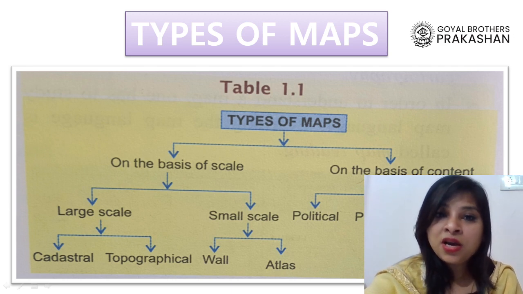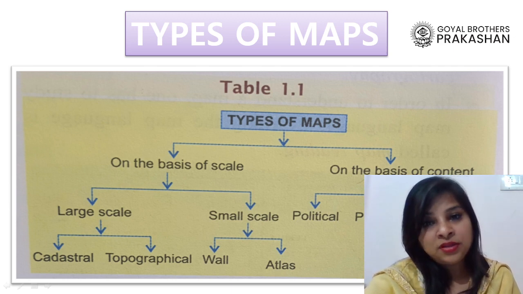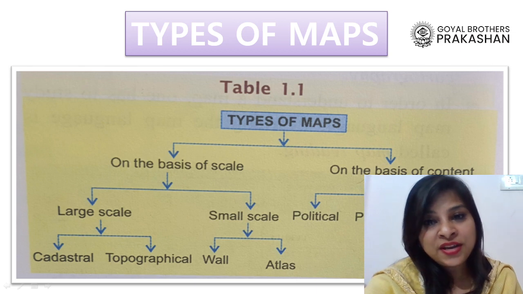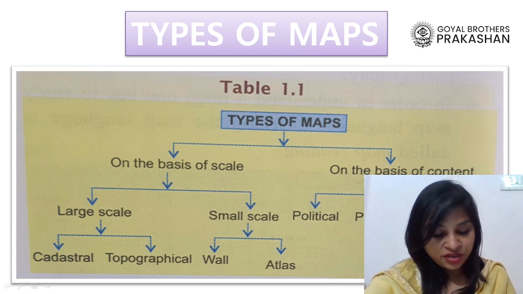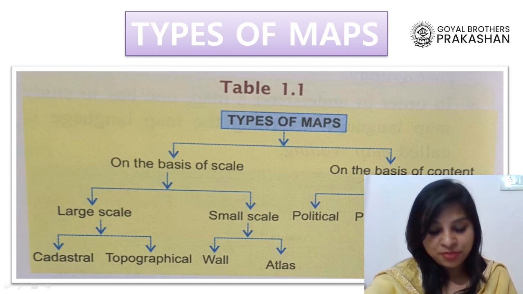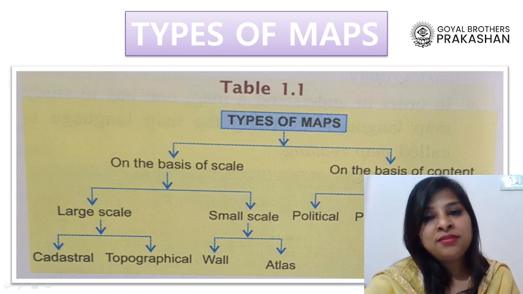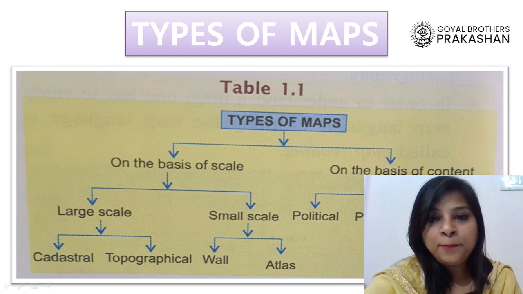So that is a small scale map. That means a larger area is taken but giving a small amount of detail. Then on the basis of content, we have political map, physical map and thematic map.